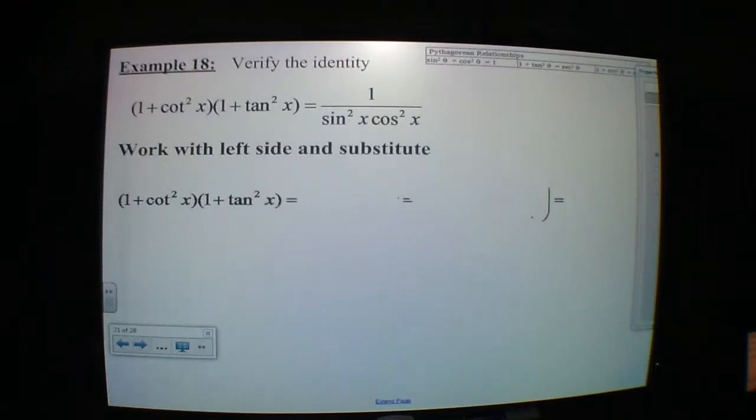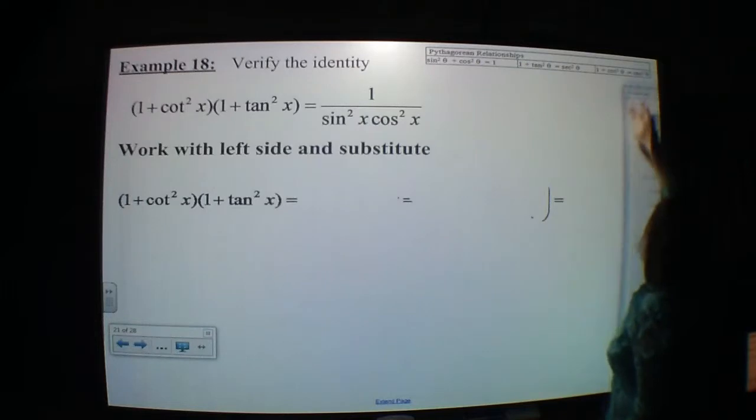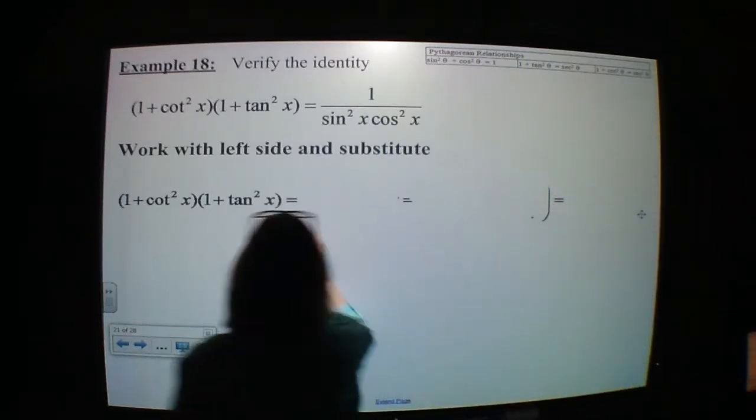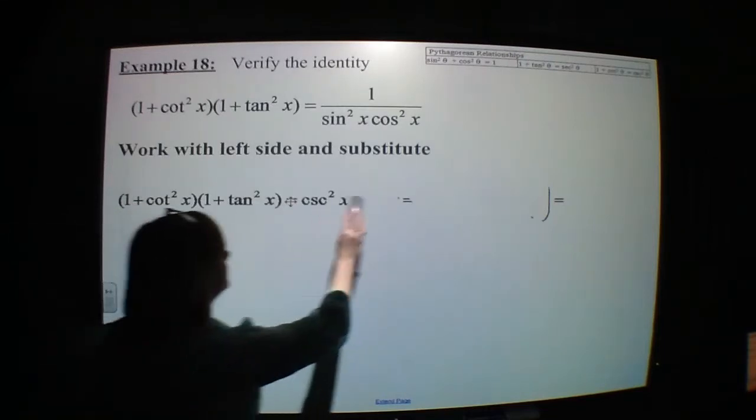18. Verify the identity. 1 plus cotangent squared times 1 plus tangent squared is equal to 1 over sine squared cosine squared. If I were doing this, I would work with the left side, looks a little more complicated, and substitute. 1 plus cotangent squared is cosecant squared. 1 plus tangent squared is secant squared.